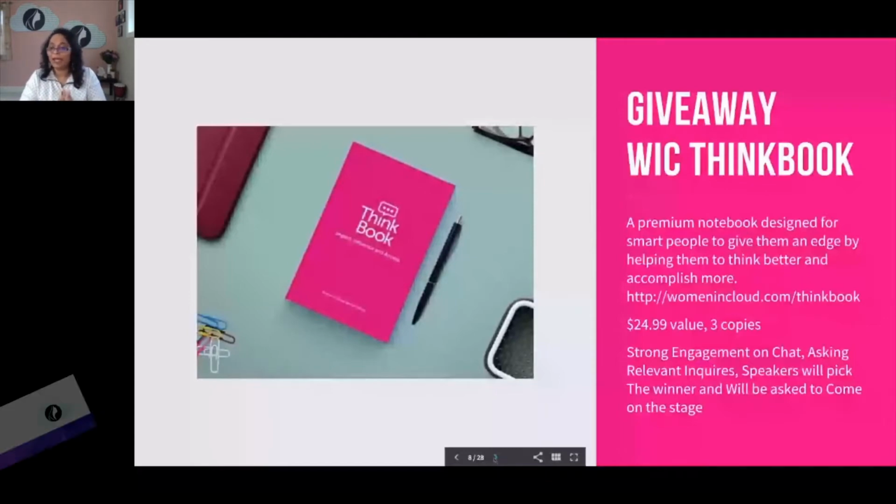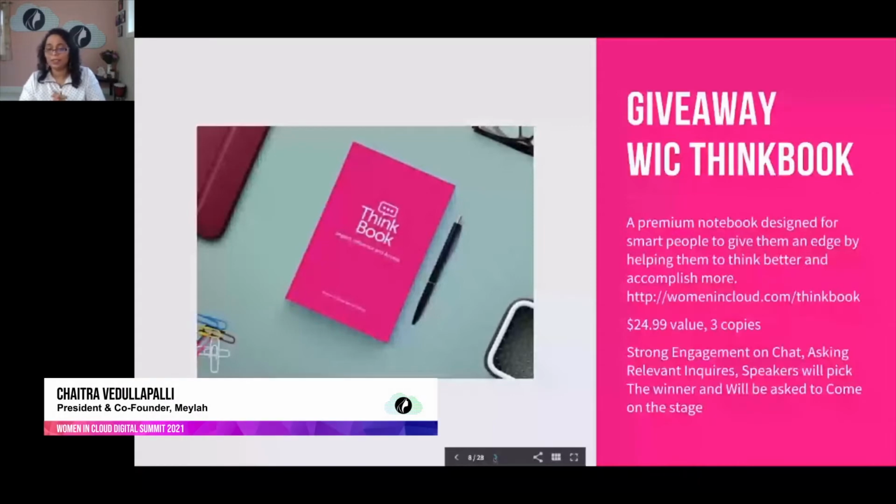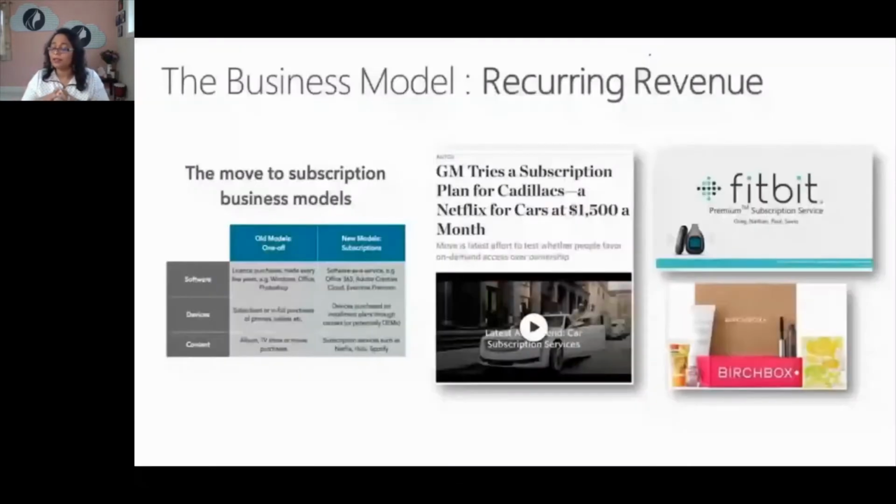Okay, so when we think about the cloud solutions business model, the first thing you need to know is recurring revenue. That is the business model when you're thinking about cloud solutions. All solutions, products and services are moving into subscription models, which is MRR or ARR. MRR is monthly recurring revenue and ARR is annual recurring revenue.